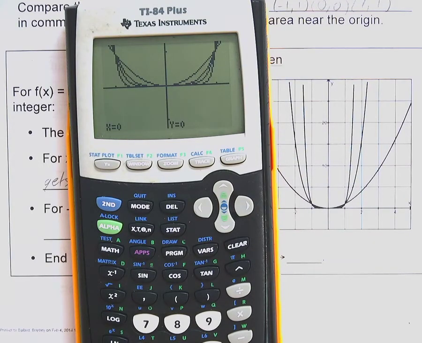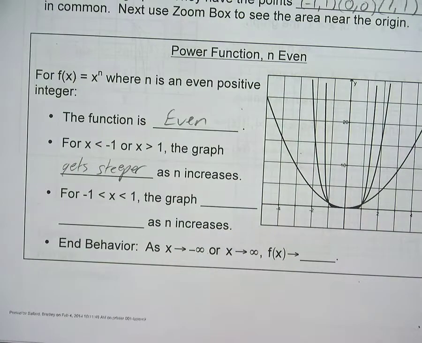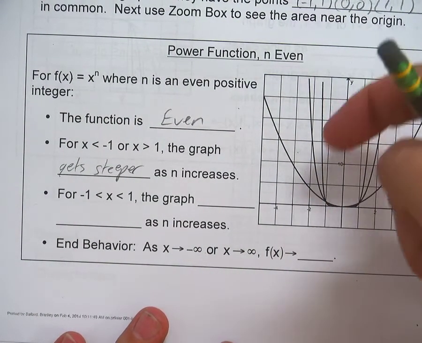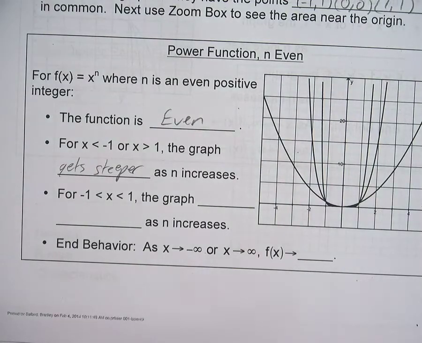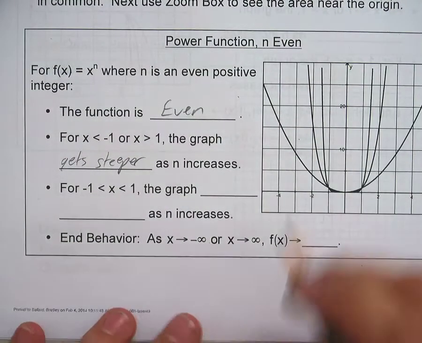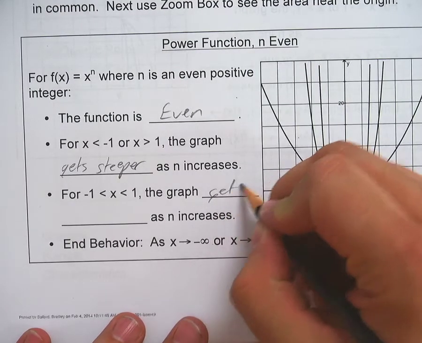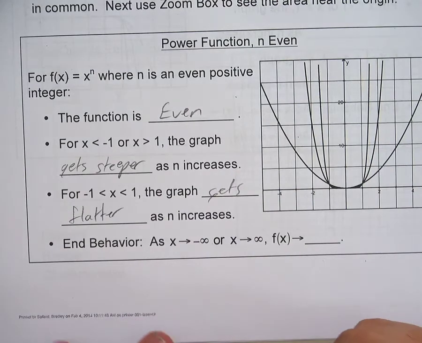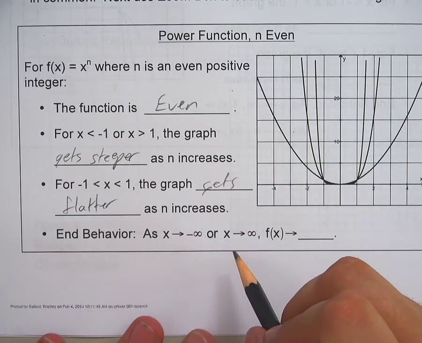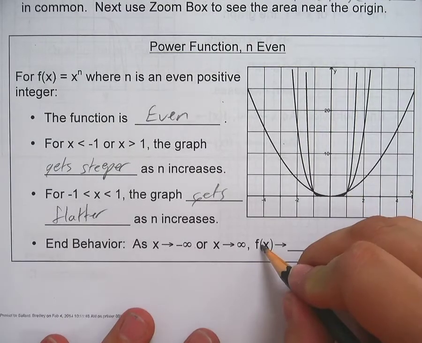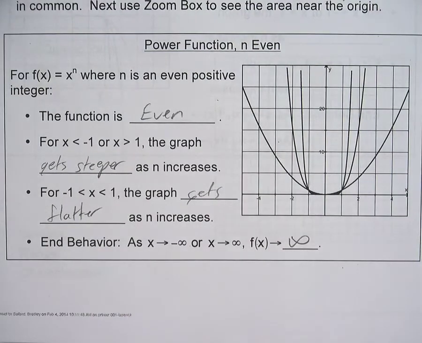It's like if this was a big foam finger and you're pushing it against a wall, the harder you push, the higher the exponent, the flatter the tip is going to get. So here the graph gets flatter. In end behavior, as x goes to negative infinity and as x goes to infinity, if you keep going left and right forever, your y values are going to go to positive infinity.